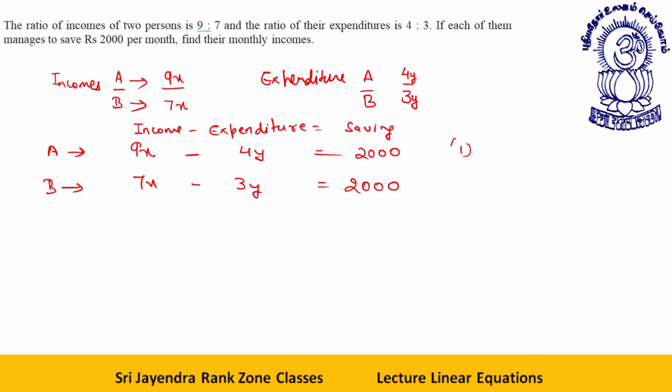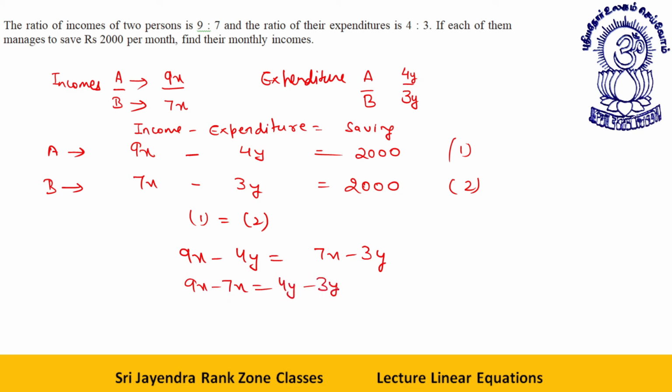If I equate equation 1 and 2, if I put 1 is equal to 2, what do I get? 9x minus 4y is equal to 2000 is equal to 7x minus 3y, or I get 2x is equal to 4y minus 3y.